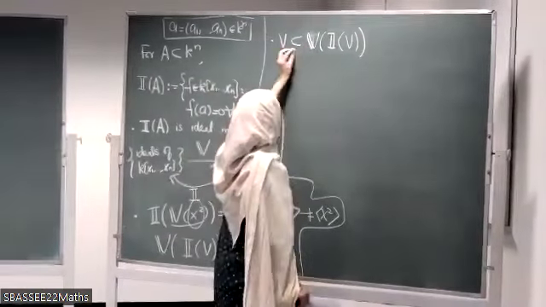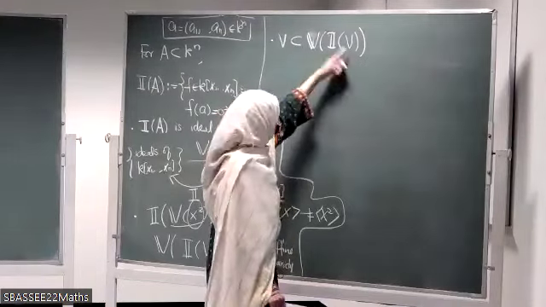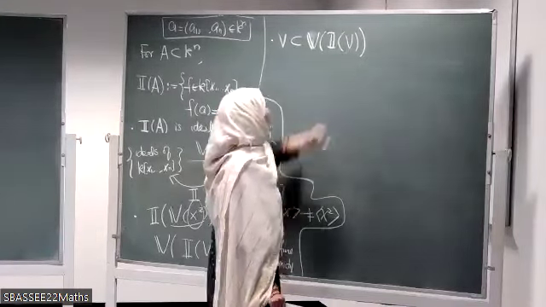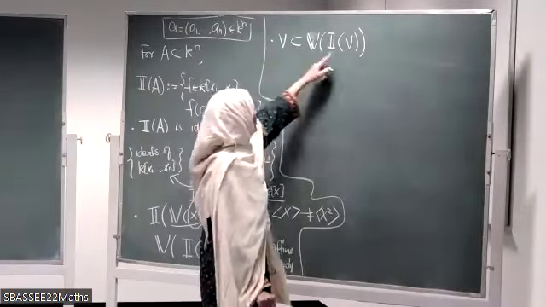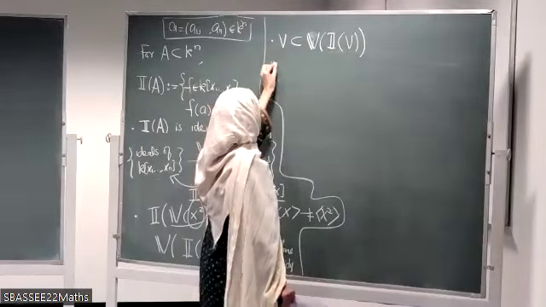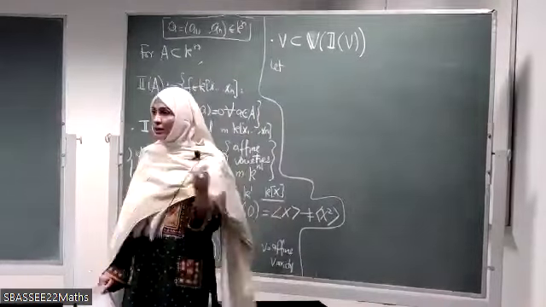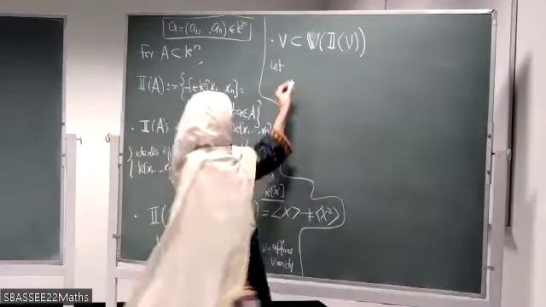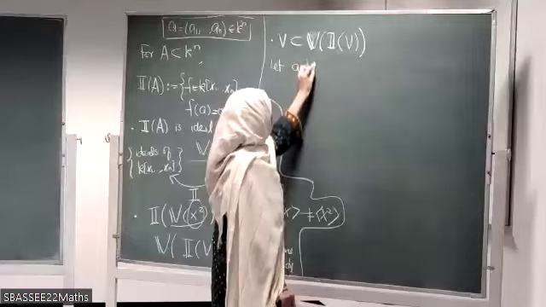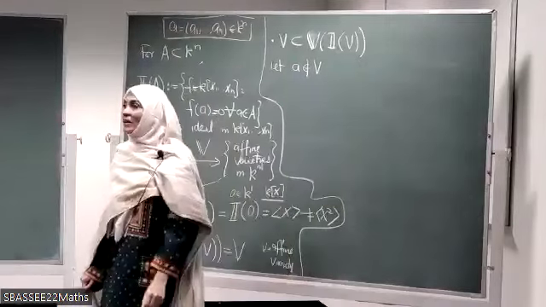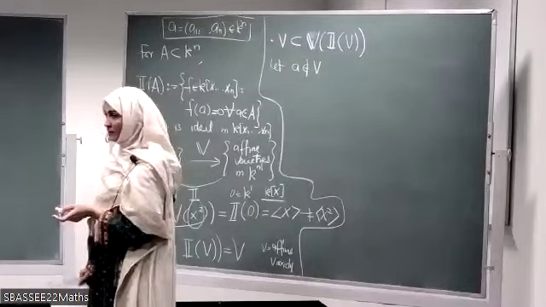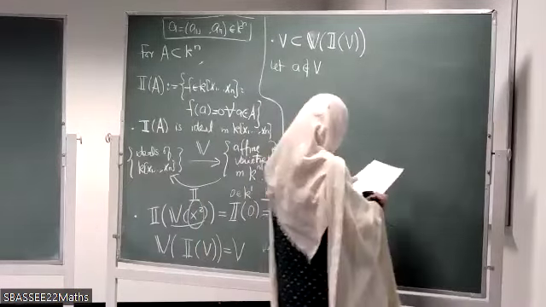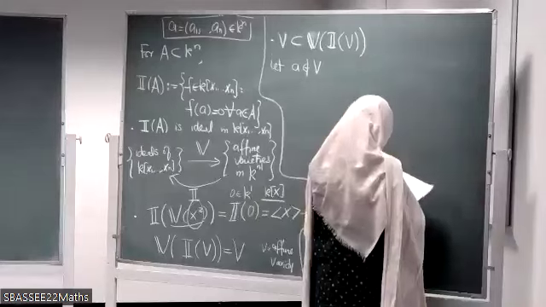For the reverse inclusion, you definitely need to consider affine varieties. If you want to show that this is a subset of that one, I will do this by contradiction, which means that A is not a point here, and I will show that this is also not a point of that corresponding variety.